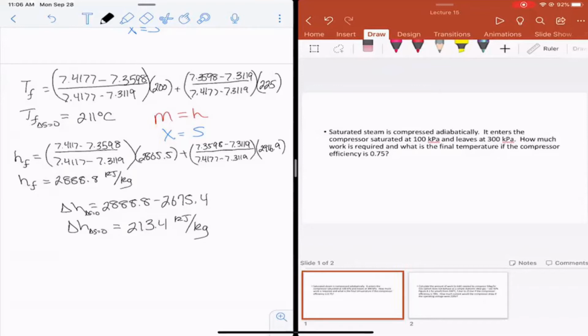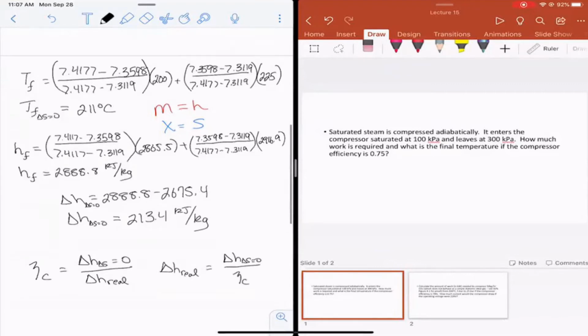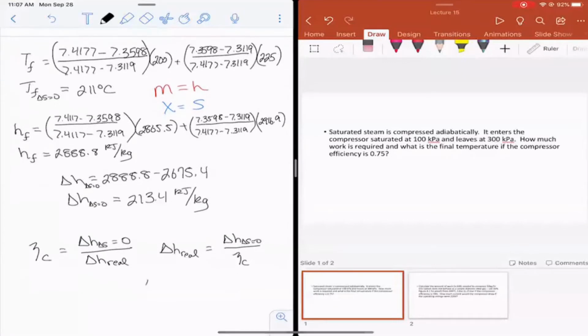And the way we're going to do that is, if you remember, the efficiency for a compressor is equal to delta H when delta S is equal to 0 divided by delta H, and we called this delta H real in the last lecture. So delta H real, or the non-isentropic case, is just equal to delta H for the isentropic case divided by the compressor efficiency.